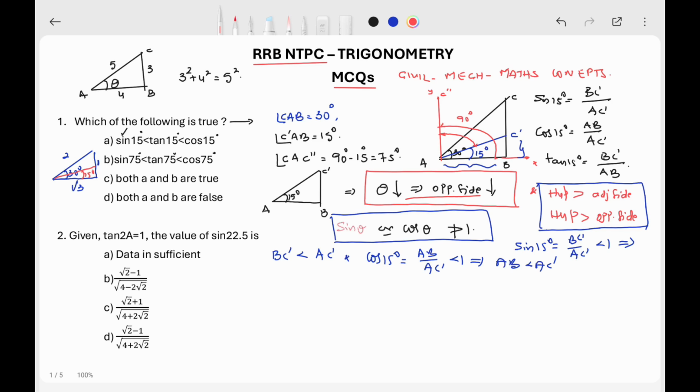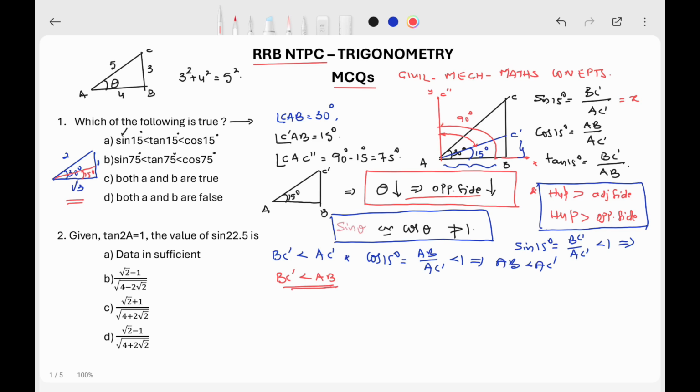That means my adjacent side AB, or we can even say my opposite side BC dash is less than AB. This is from this triangle. Now you tell me, sin 15 is BC dash by AC dash. It is some value x, let us say.